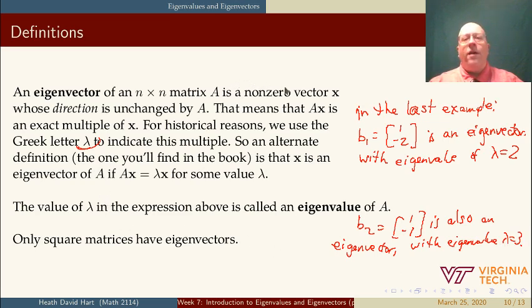We require that an eigenvector has to be non-zero because the direction of the eigenvector is important and a zero vector doesn't have a direction.